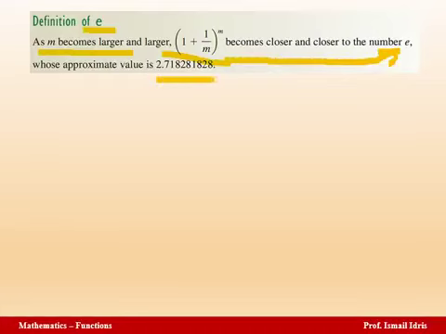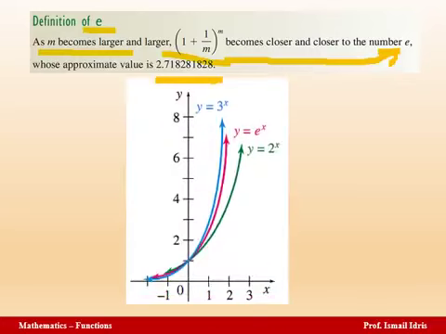So e for you is just this number, approximately 2.71. But that is the definition of the natural number e.